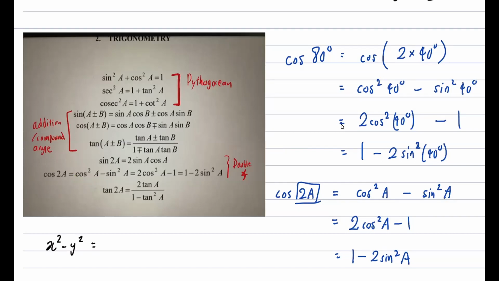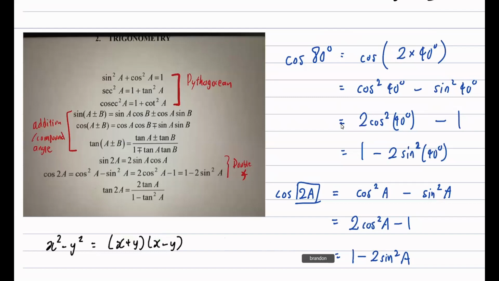Which is x plus y, x minus y. Exactly. So you can also apply it for cosine square minus sine square. Just replace the x with cosine A, replace the y with sine A. So that's the first version, how you could apply it. You could split it up, and that's what we're going to do later.